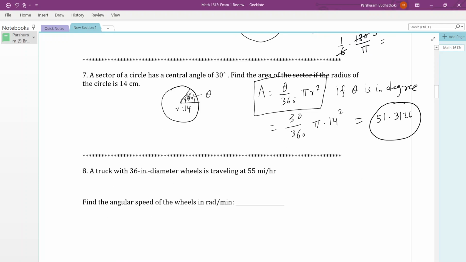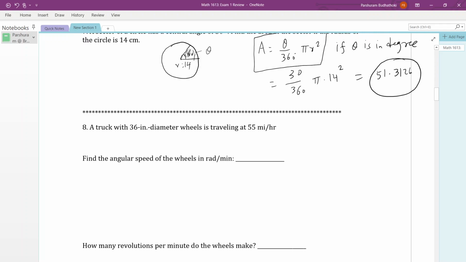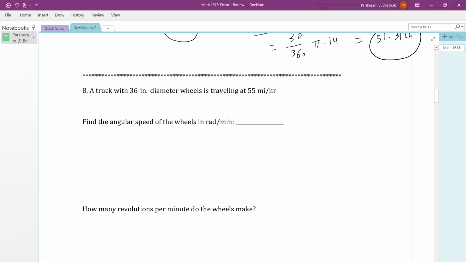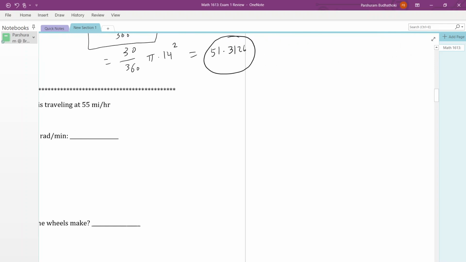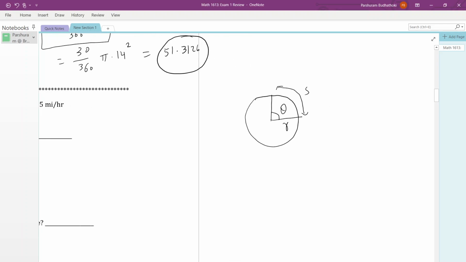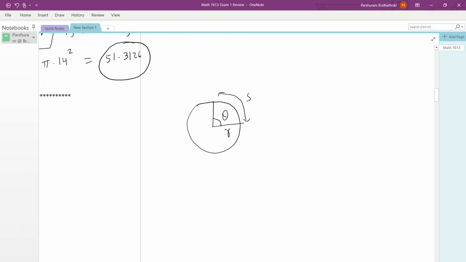Now for problem 8, once again you have to use the same setup. Let me draw a picture here. Let's say this is a circle, and there is a central angle theta, a radius, and an arc length. Then there are some formulas we have to understand. Let's say v is the linear velocity.